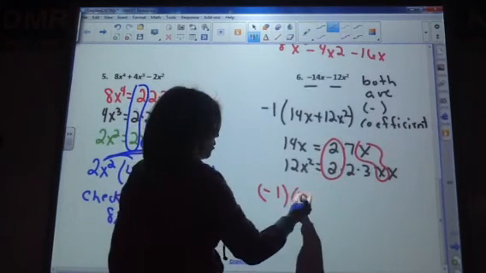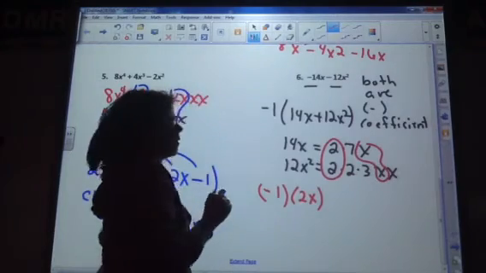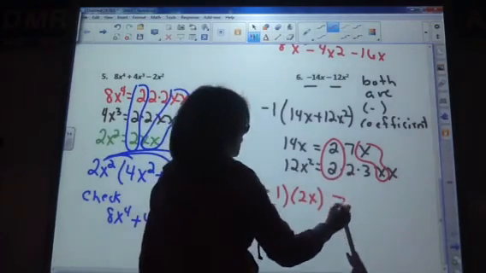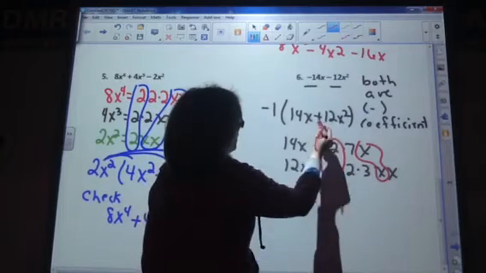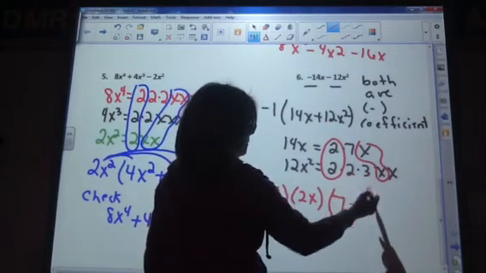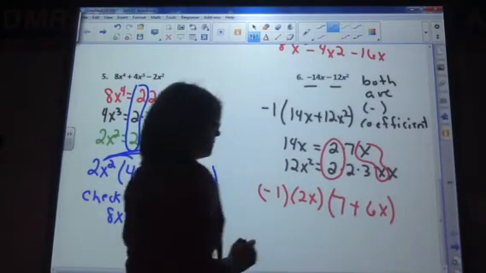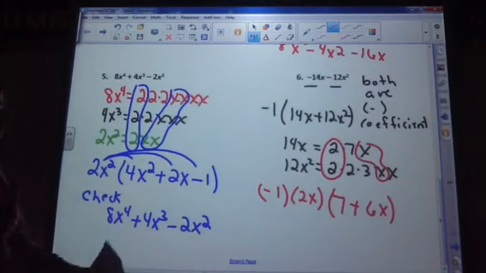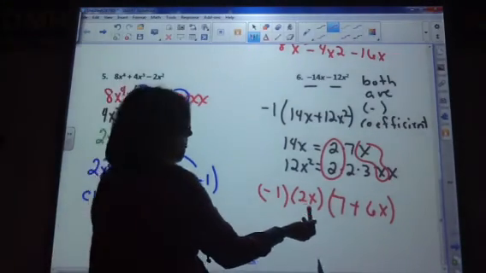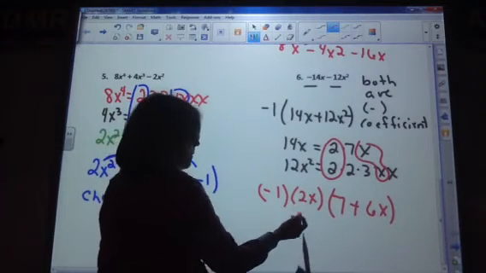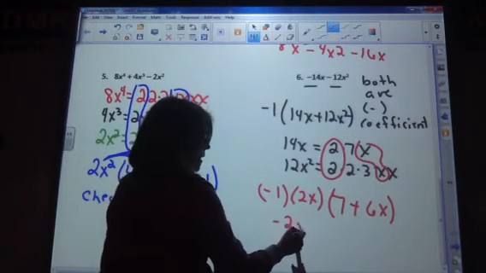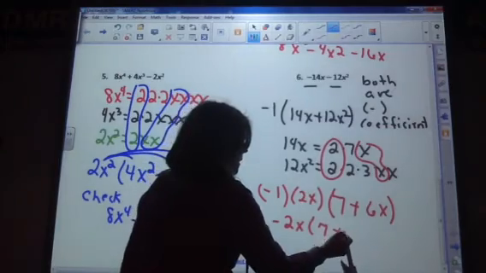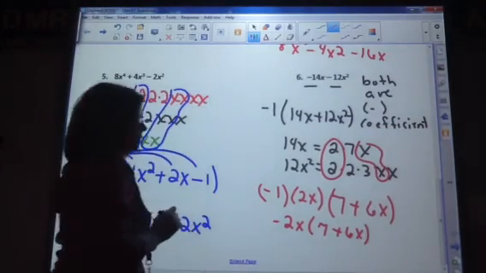I'm going to pull out a 2x. Okay, so I have 7 plus 6x. All right, so let's simplify. Negative 1 times 2x is negative 2x. 7 plus 6x.